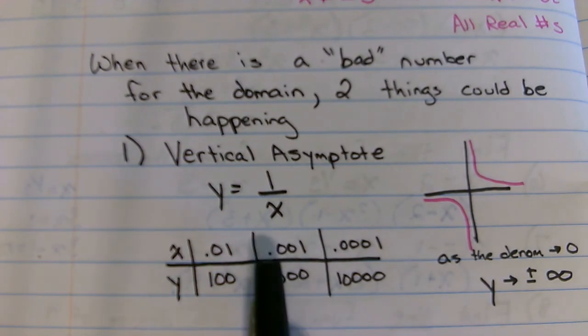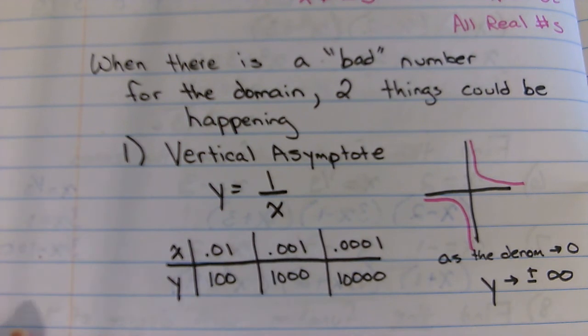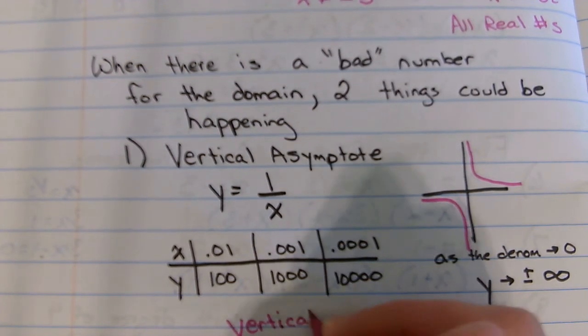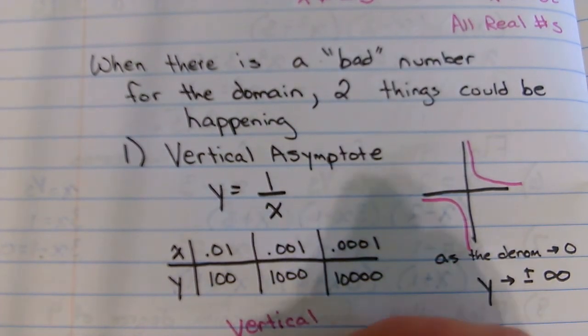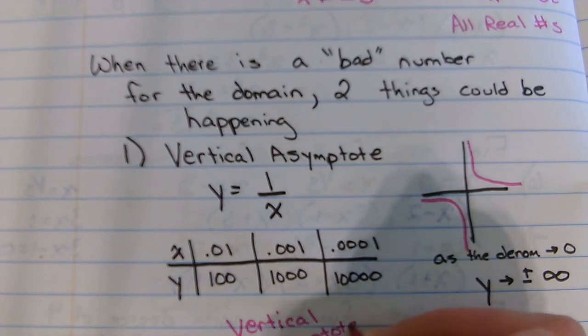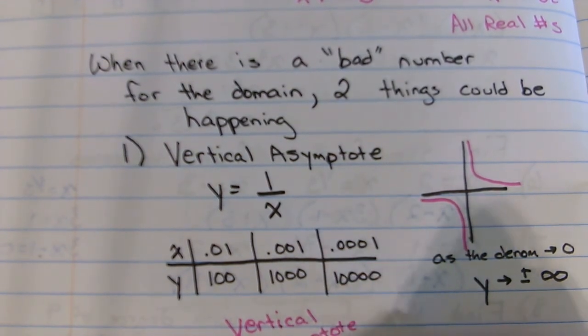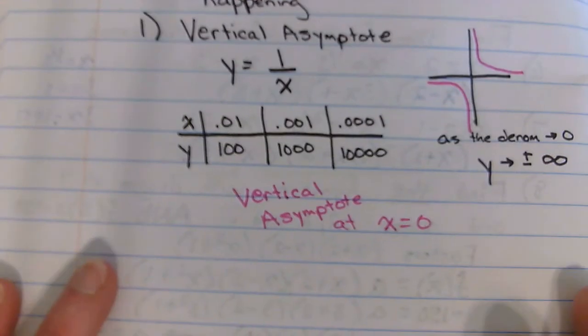And this is considered the parent function for rational functions. And so there is this vertical asymptote at x equals 0.